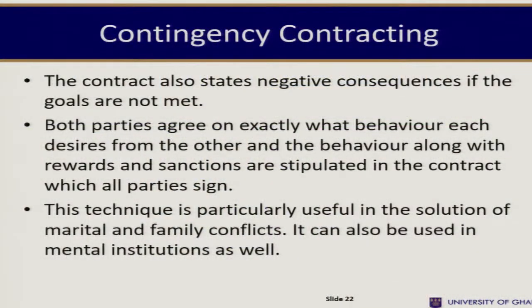So if the goals are reached, usually some explicit rewards such as money or additional privileges could be allowed. So this is a kind of contract that is considered to monitor behaviors, to get people to put up acceptable behaviors. The contract also states negative consequences if goals are not met.